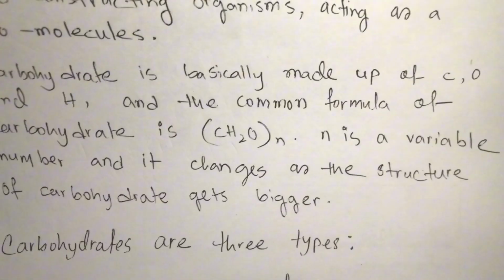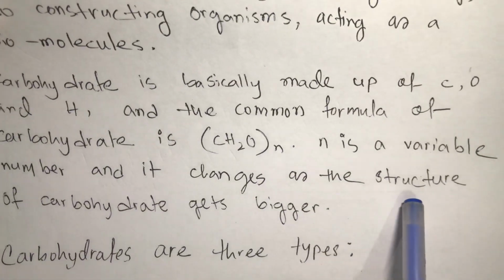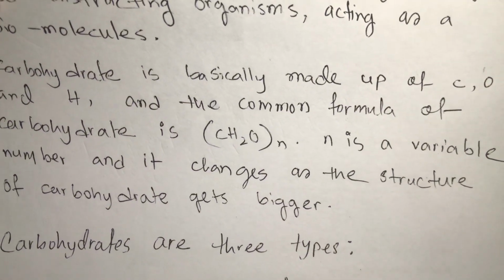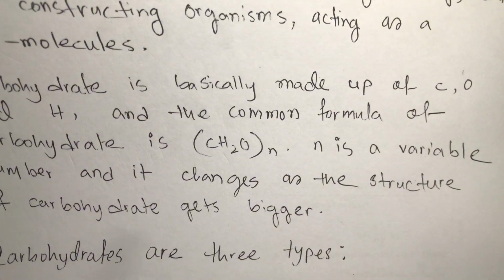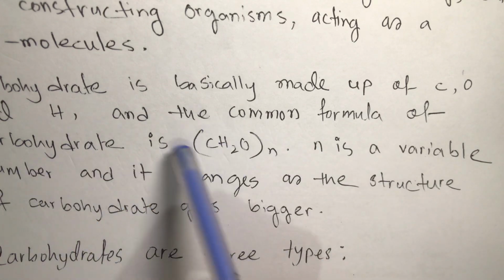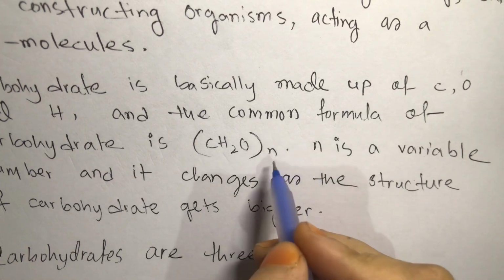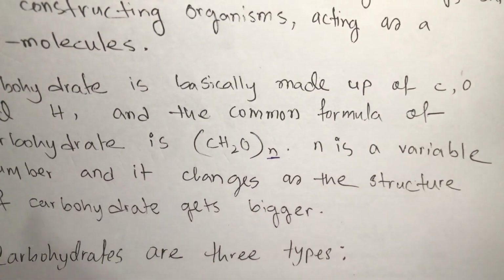So n is a variable number, and it changes as the structure of carbohydrates gets bigger. Here this is the formula of a single carbohydrate, and the n number changes as the carbohydrate molecule gets bigger.